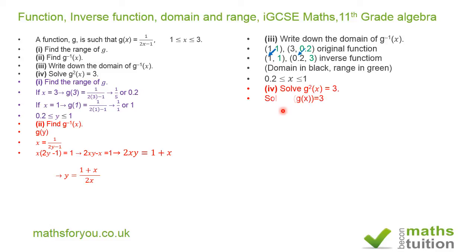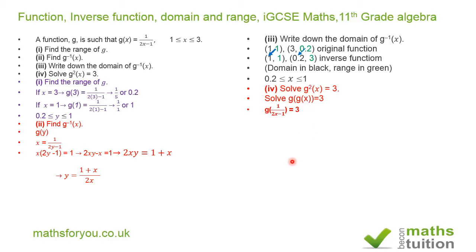Now, what I'm going to do is to rewrite this as g of gx equal to 3. Now, this is g of x in there. So I want to put the value of g of x, which is this one here. Okay, so I'm going to move this from there to there.